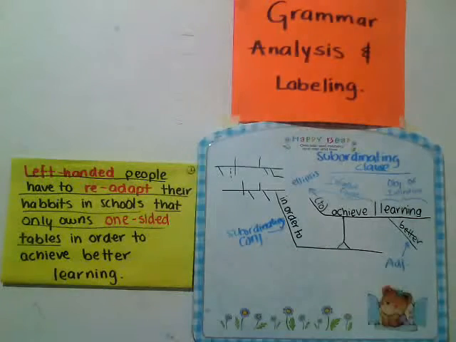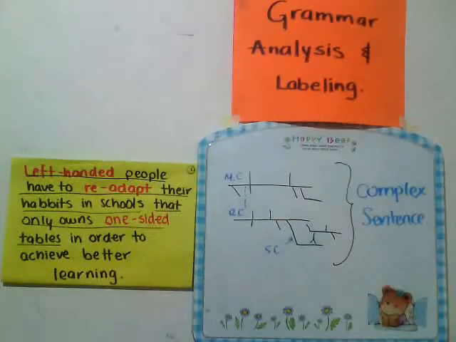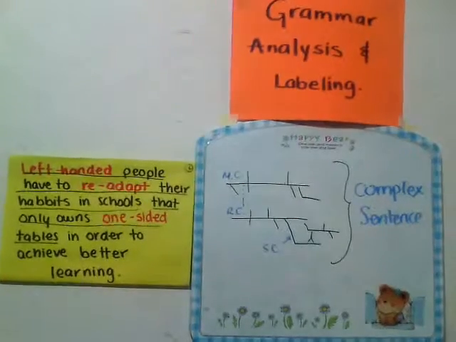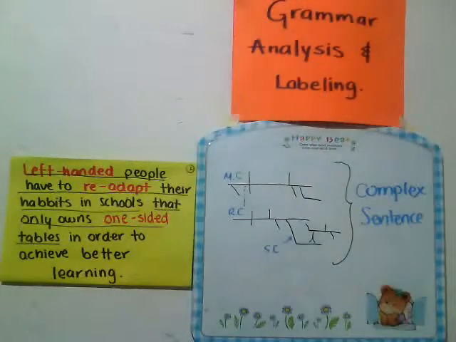Then we have as an object of the infinitive, learning, that is a noun, and then we have better, that is our adjective, and it has to be under the object of the infinitive, in this case learning. This is a complex sentence because it has a main clause and one subordinating clause.